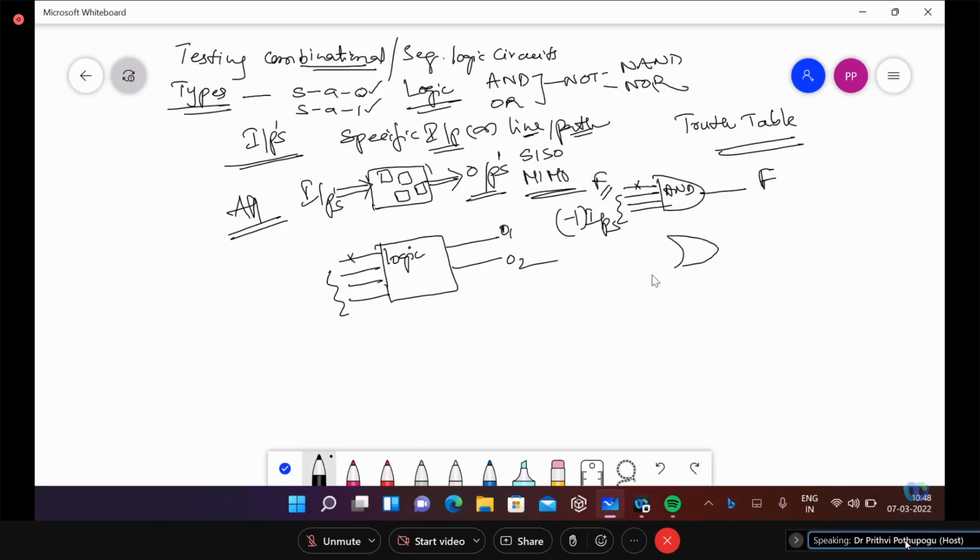That is for your AND gate. For your OR gate, if you are taking, it is something like this. If I need to test a specific line, say there are 1, 2, 3, 4 inputs, and I want to test the 4th line, it means that only the 4th input should be deriving the output. The others should not be influencing or contributing to the output. So in that sense, make only input 4 derive the output.